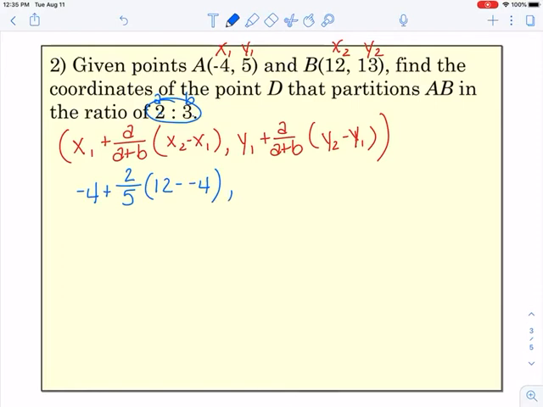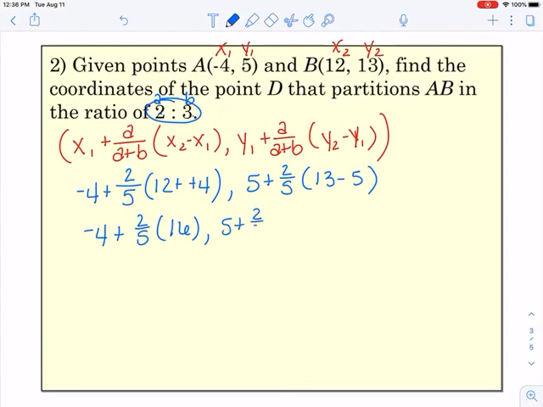On the right for y1, we have 5 plus that same 2/5 times y2, which is 13, minus y1, which is 5. Okay, again, simplifying what's inside the parentheses first. We're going to keep change, or add the opposite, however you want to look at it. So I'm going to have 2/5. 12 plus 4 is 16.